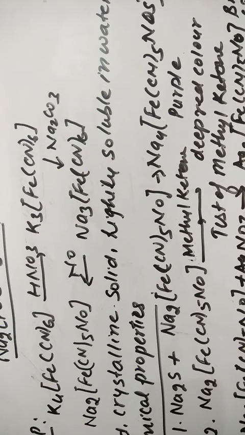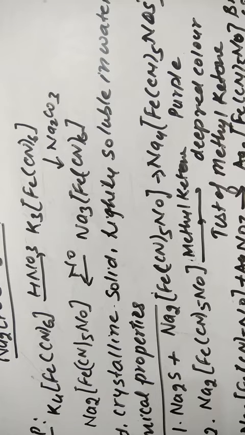Now, the first one is the test of sulfur, and you must remember that this method is also used in the Lassaigne method. In the Lassaigne method, we test nitrogen, phosphorus, halogens, and sulfur.